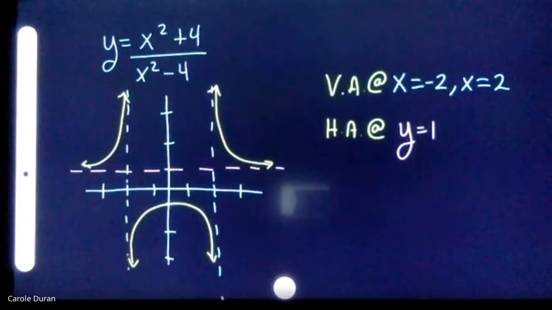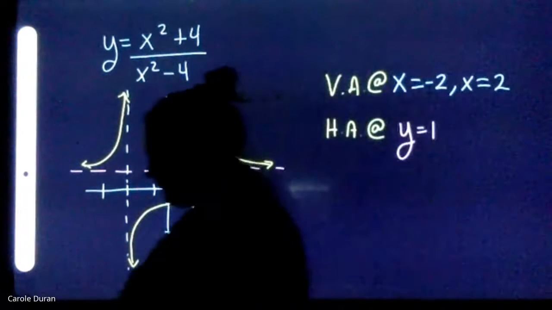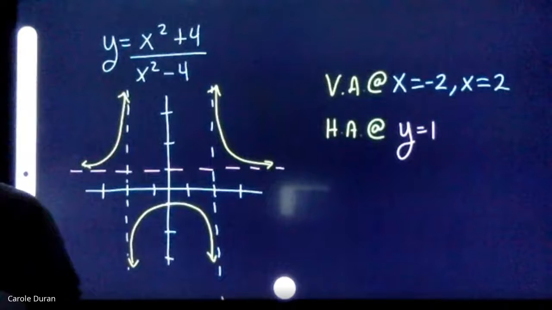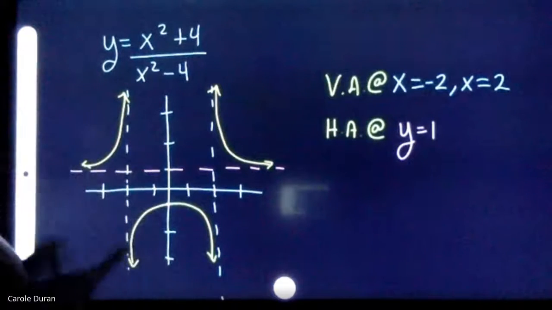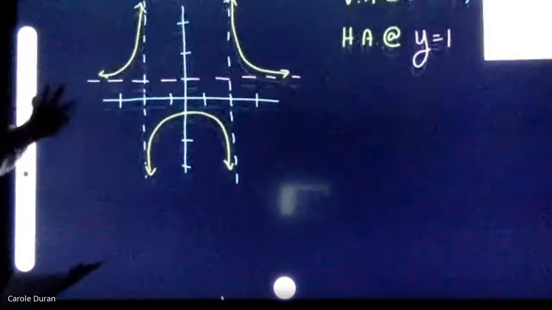Anybody super confused when you have a graph finding your asymptotes from that? Okay. So now let's move on into domain and range temporarily, because they kind of pertain to our asymptotes as well.